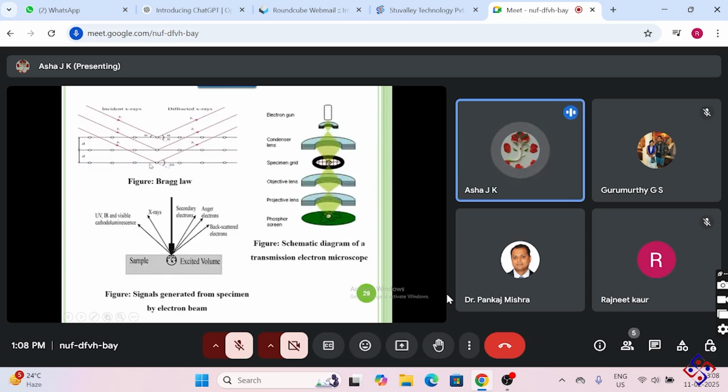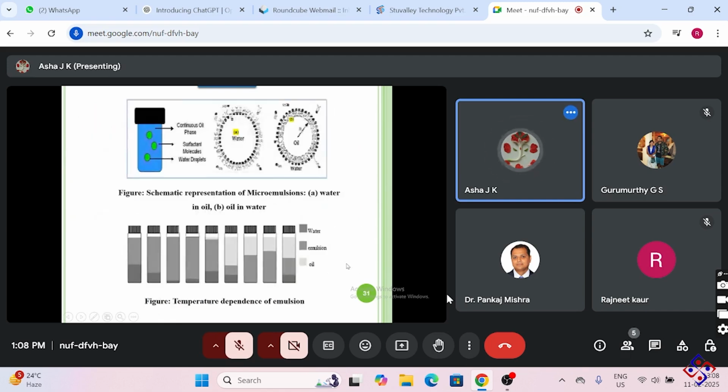This figure explains Bragg's law, with incident X-rays giving diffracted X-rays. This figure illustrates the signals generated from a specimen by an electron beam. And this gives the schematic diagram of the transmission electron microscope.